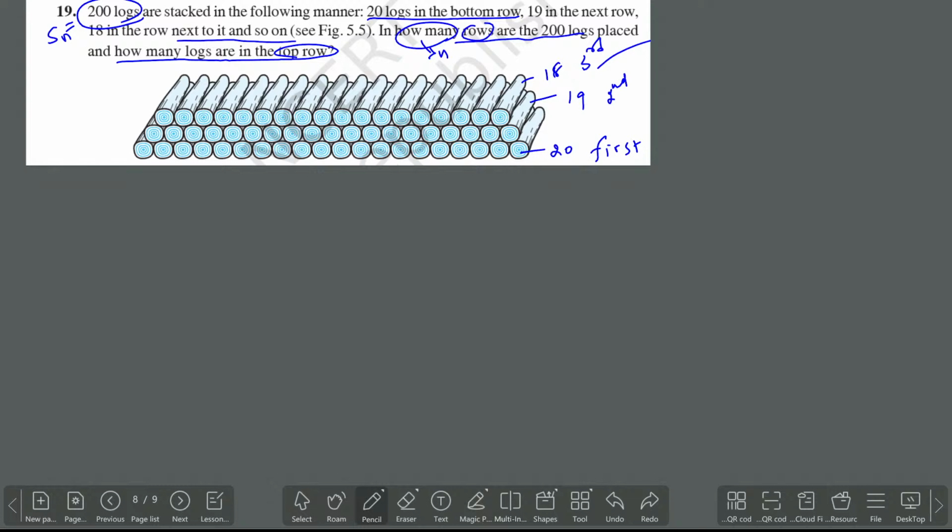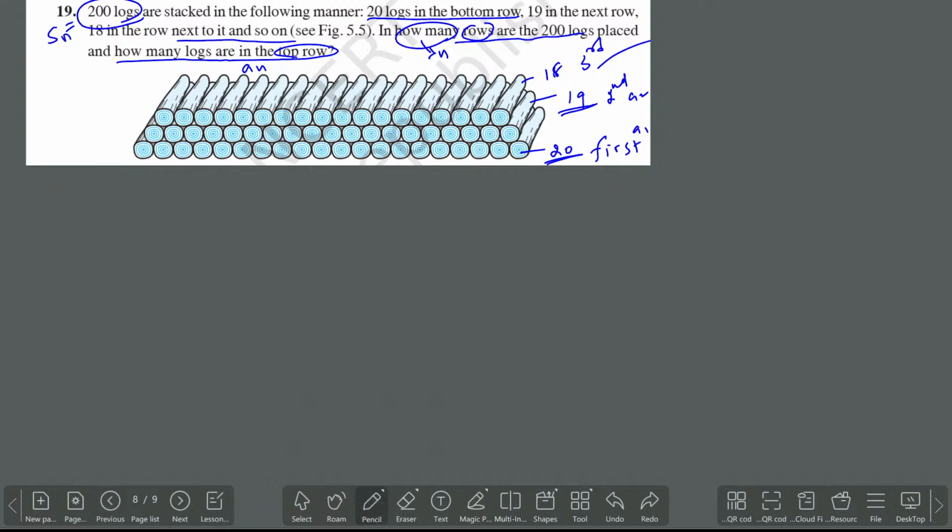This is the bottom, it's A1, A2, A3. We don't know what is in the top, so we can consider it as An. How many logs are in An, we have to find. Understand? Shall we enter the answer steps now? I'm going now.